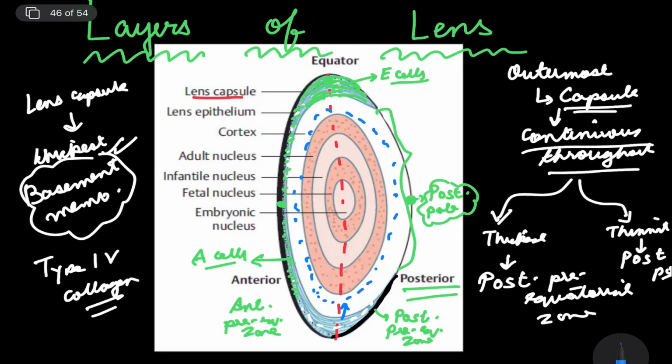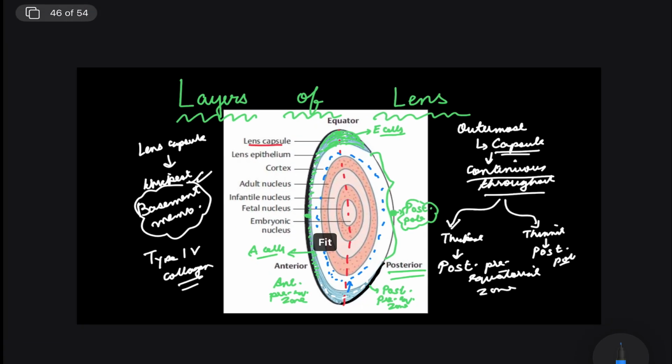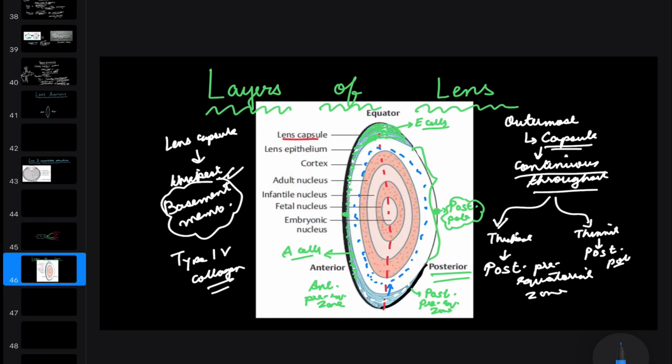So the cortex is the first real lens fiber layer. If the cortex is being formed by the E cells which are forming lens fibers, that means the cortex is basically formed by the youngest lens fibers.